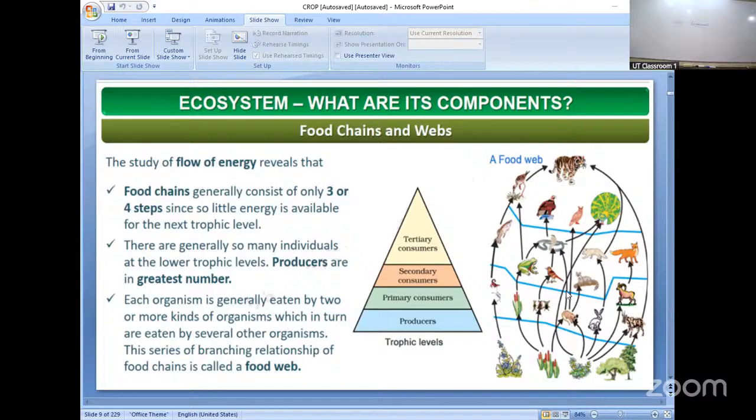So there's an option, and these are the trophic levels: producers, primary consumers, secondary consumers, and the tertiary consumers. So in the food web there's a series of branching relationships of various food chains.